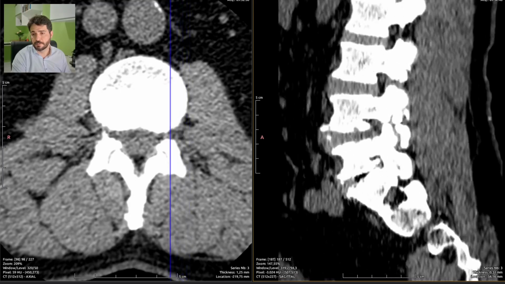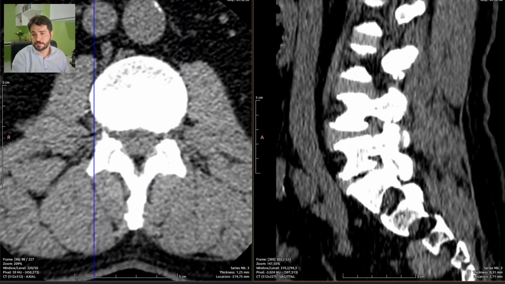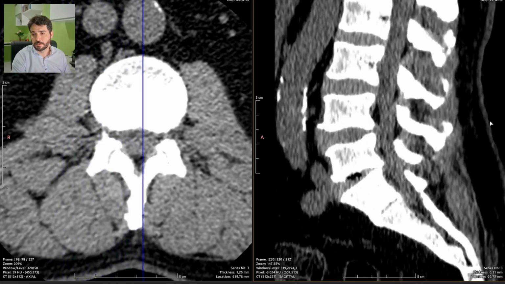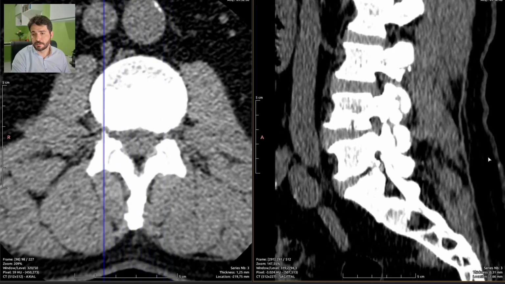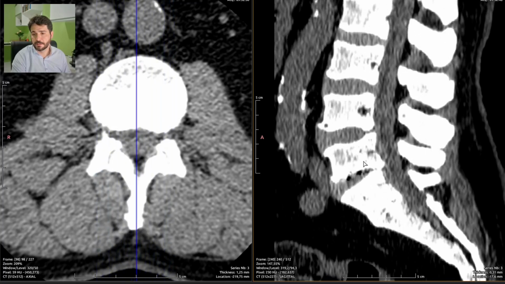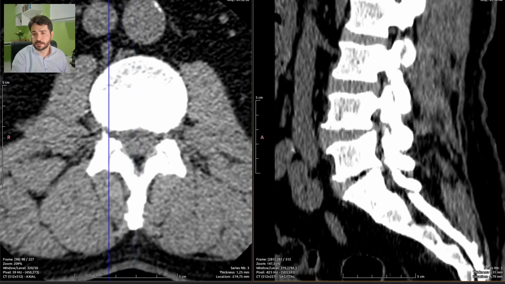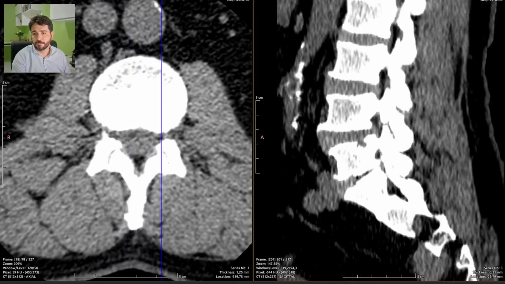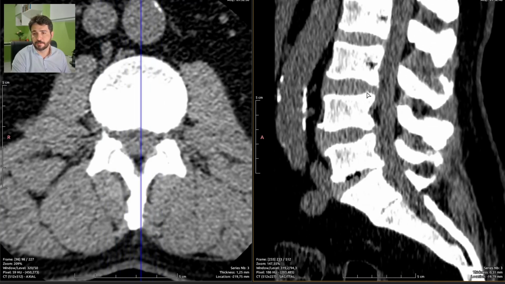This is trouble, this is severe pain, and even requires surgery sometimes. So there is very severe disease on L5S1, mild to moderate disease on L4, L5, and a very mild disease on L3, L4. So it gets worse as we go down towards the sacrum.